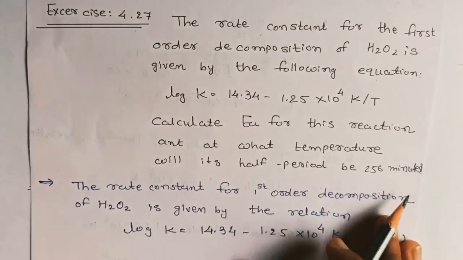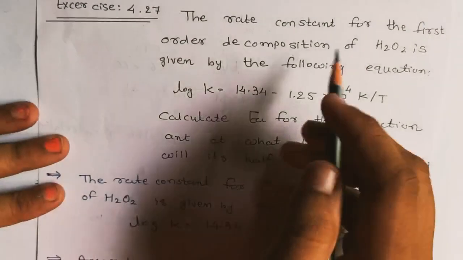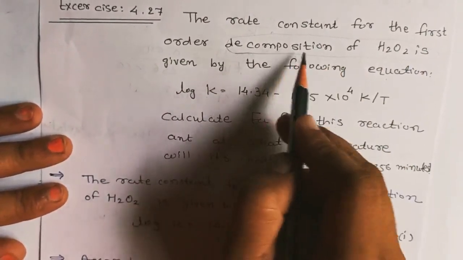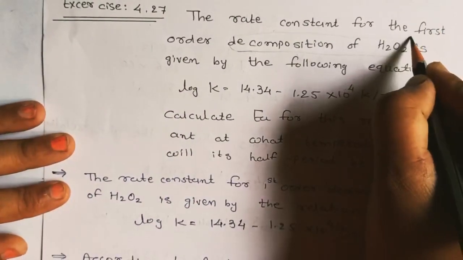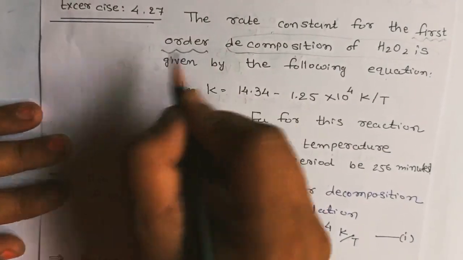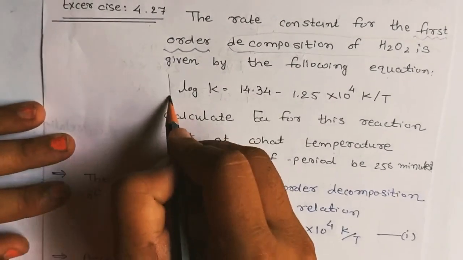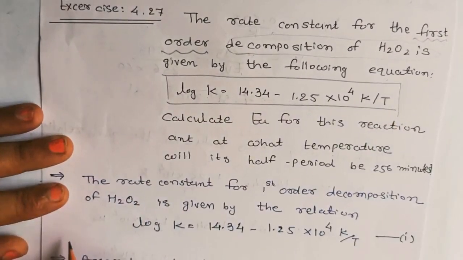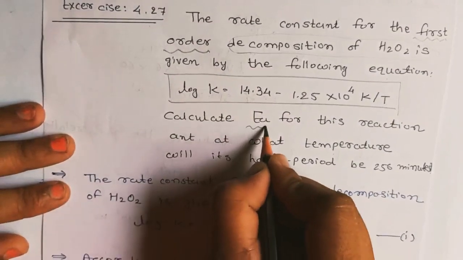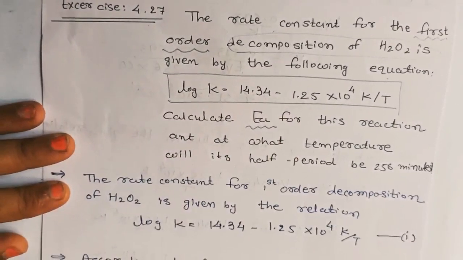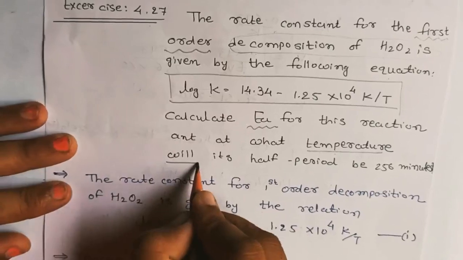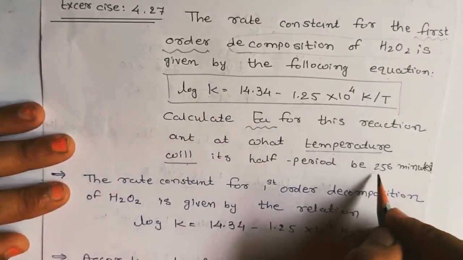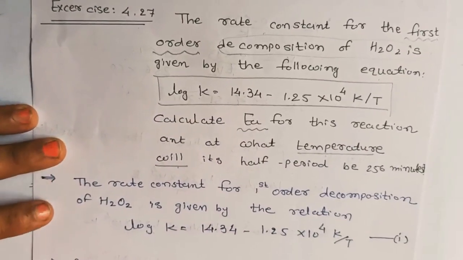Here the decomposition of H2O2 is carried out, it is a first order reaction, and it follows this equation. We have to calculate the activation energy, and also find the temperature when the half period will be 256 minutes.